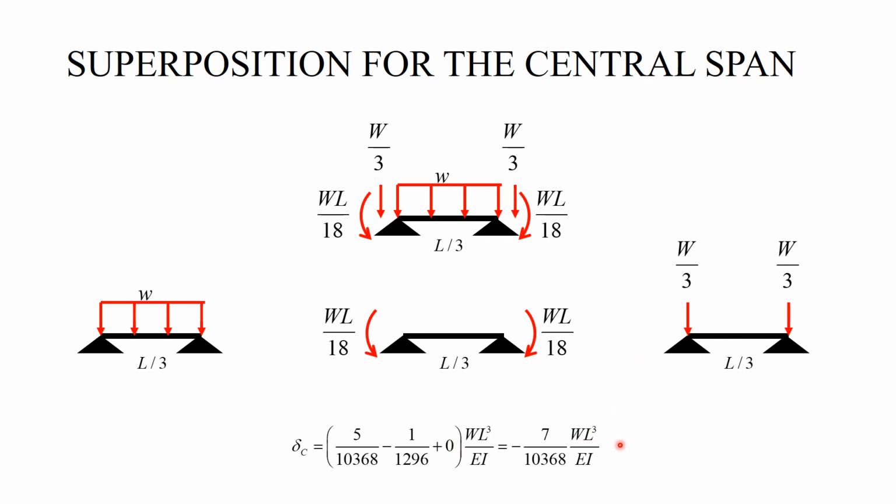When I put together, I obtain that delta C is equal to 7 over 10,368 WL cube over EI, and of course minus, as was expected from the very beginning, because minus indicates that the beam deflects upward, and so if I disregard minus, I get the value for the gap.